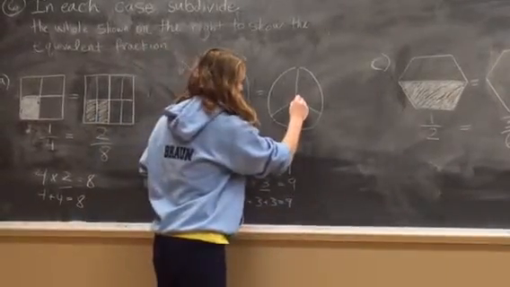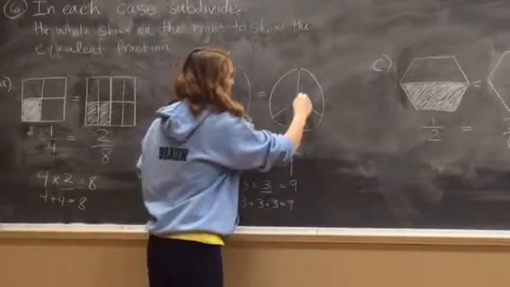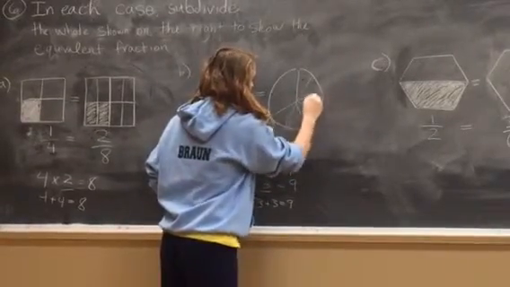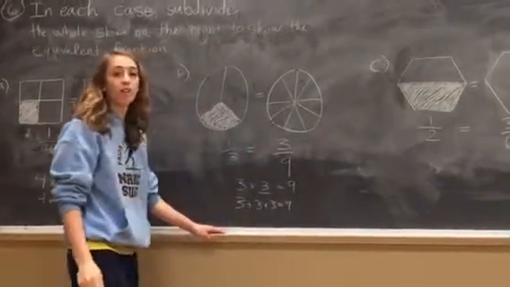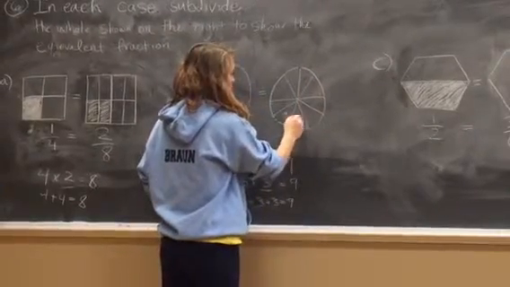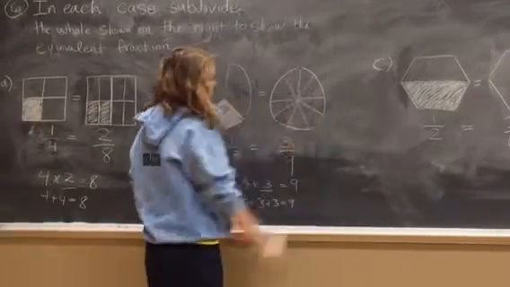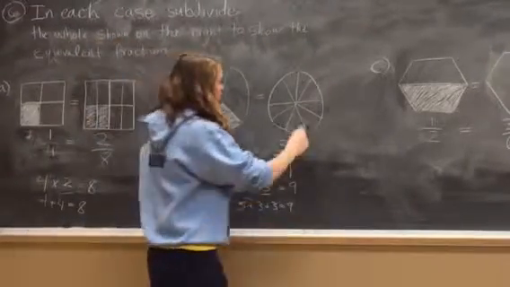So each one of these we're going to break into 3 equal parts. Now we're going to count and make sure that we have 9. 1, 2, 3, 4, 5, 6, 7, 8, 9. Perfect.